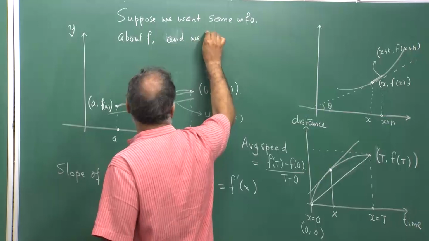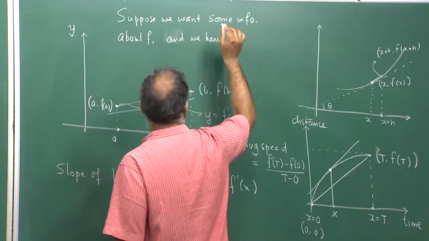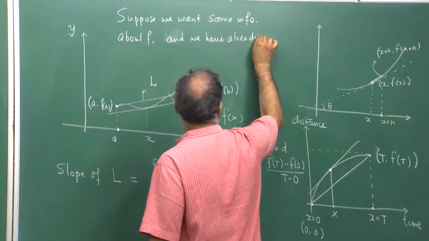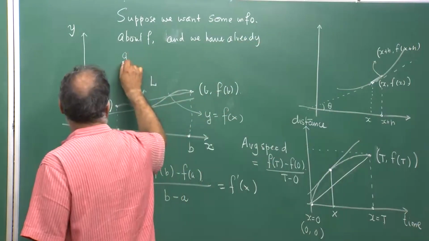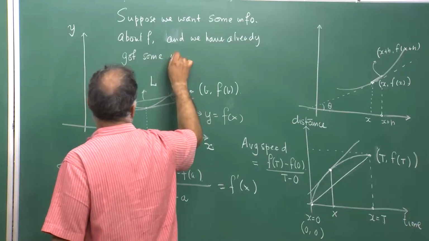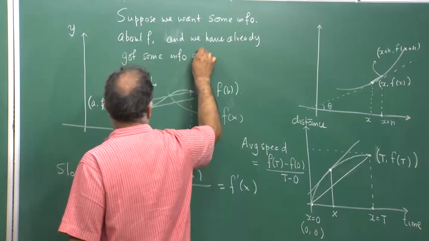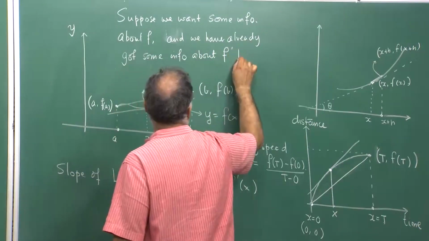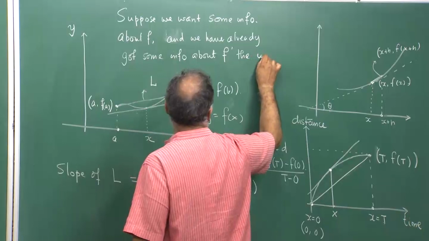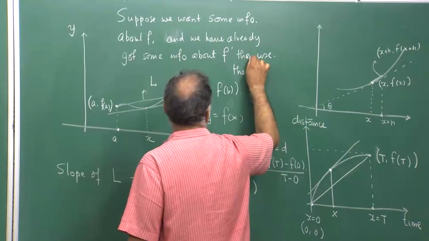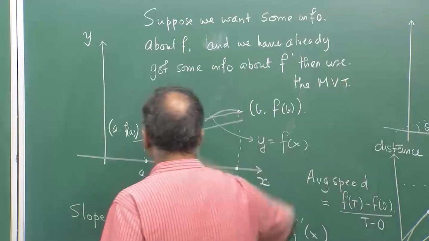and we have already got some info about f dash, then use the Lagrange MVT, or just then use the mean value theorem.